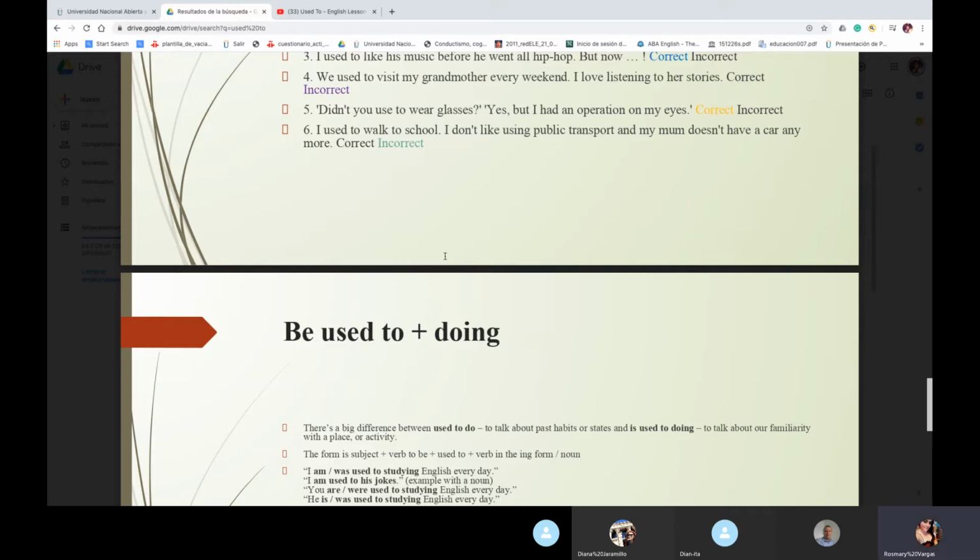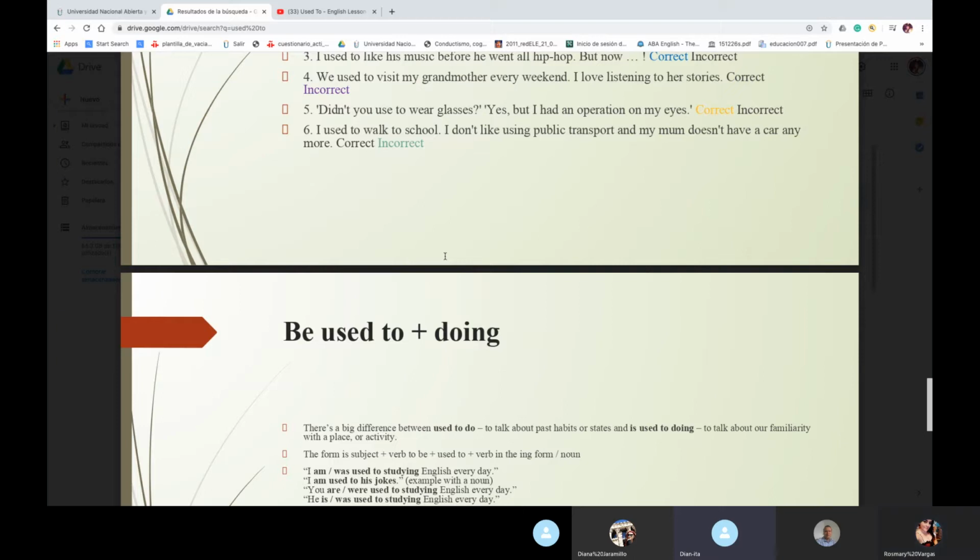Diana, how do you know this sentence is incorrect? Why is it wrong? I think it's incorrect because when you say "I love listening to her stories", it's in present. Yep, exactly.